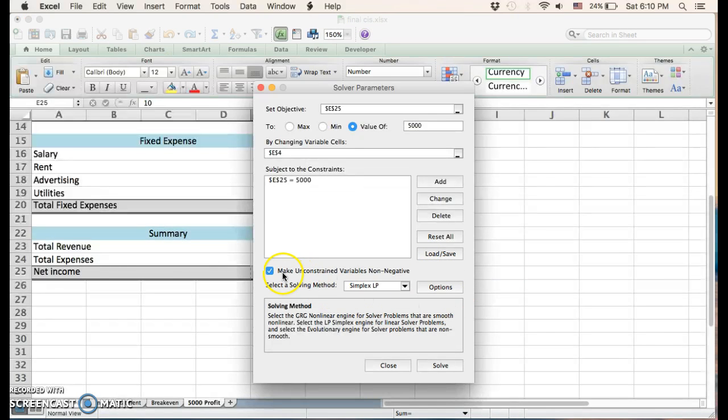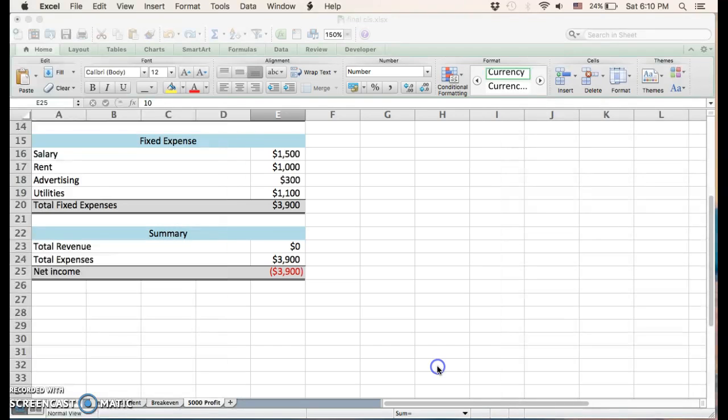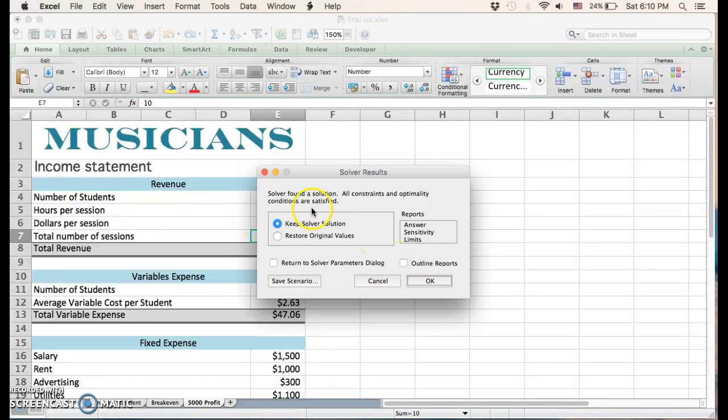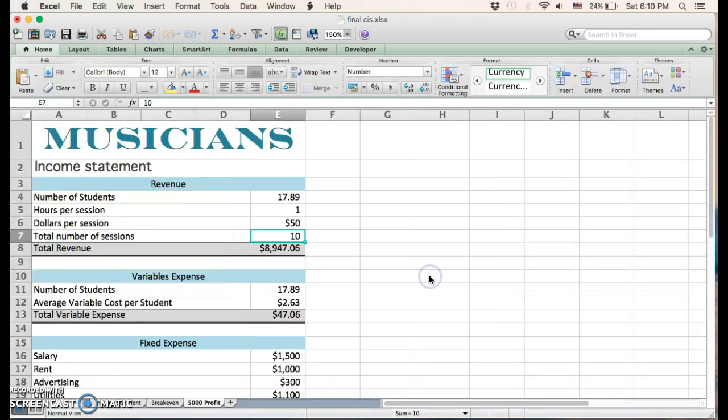Okay, make sure this is checked and solving method is simplex LP. Press solve. Found a solution. Okay, and we see that the company needs 17.89 students, which I will round up to 18 students, and this is per month.